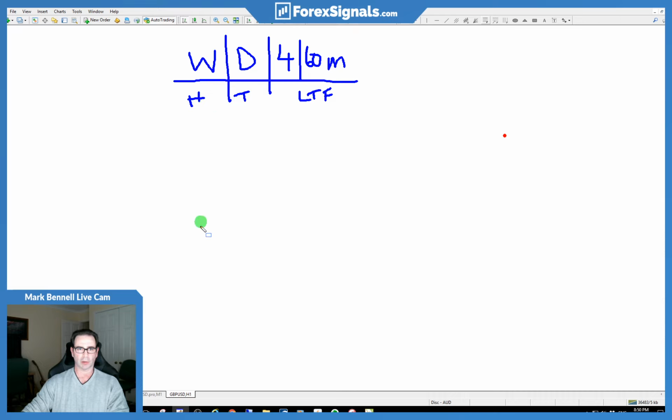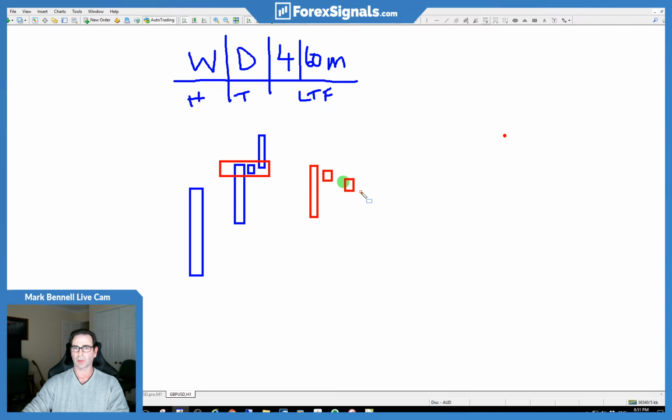All the weekly is going to look like is just one bar, isn't it? The daily is probably going to be one bar, and you may even just get a slight pause, but it'll probably move off. So the area that we're interested in is just this. Now, the 4 hour or the 60-minute is where we will get price looking like this.